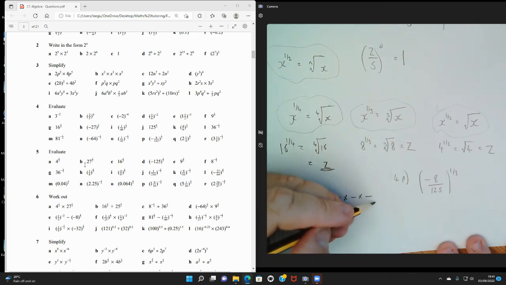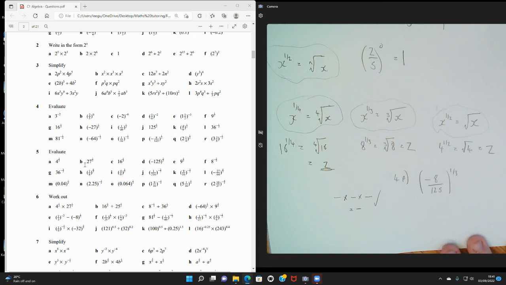So therefore, it's okay to cube root a negative number. If we try, however, to square root a negative number, then that's a different matter altogether. And the reason for that is because a minus times a minus actually makes a plus. So you can, under normal circumstances, never square root a negative number.